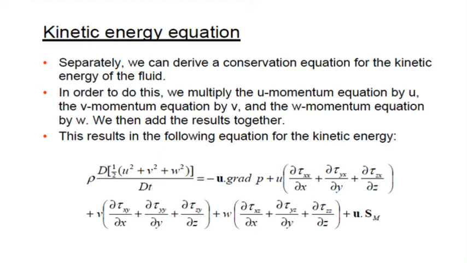By adding those expressions we get an equation for kinetic energy: rho d of 1 by 2 u square plus v square plus w square by dt, which is equal to minus u dot gradient p plus u dot the expressions for the three directions, that is dou tau xx, tau yy and tau zz, plus u into Sm.